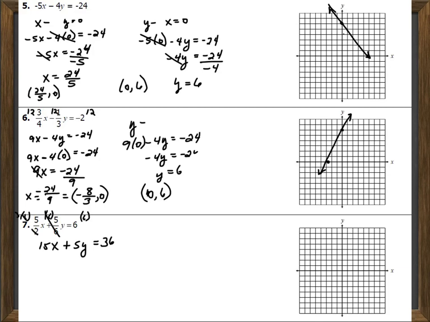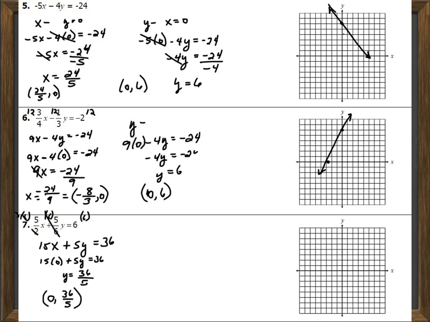Okay. So in one of them, I'm going to make the x 0 plus 5y equals 36. Y is equal to 36 over 5. So x was 0 and y is 36/5 in this example.